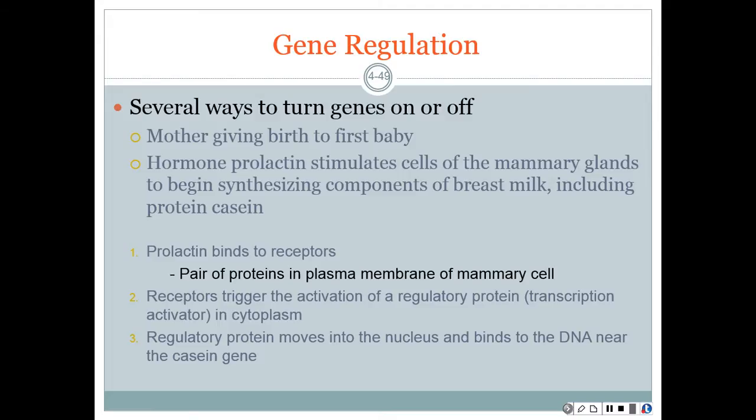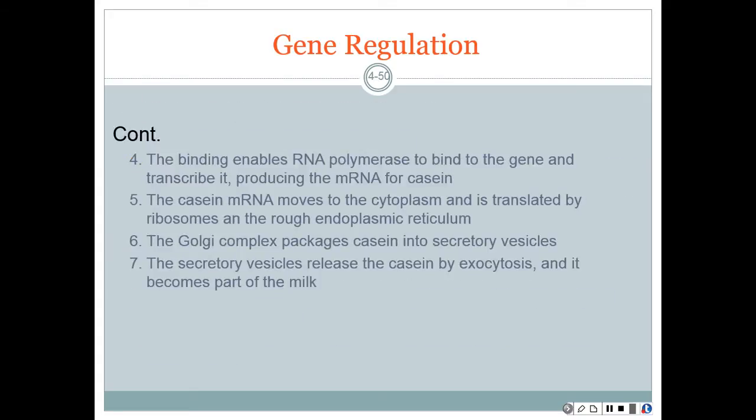The regulatory protein moves into the nucleus and binds to the DNA near the gene for casein, which is a milk protein. This binding enables the RNA polymerase to transcribe the gene, producing the mRNA.